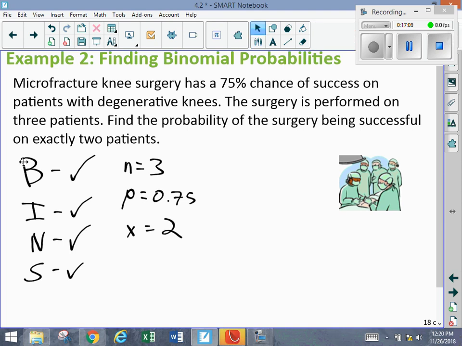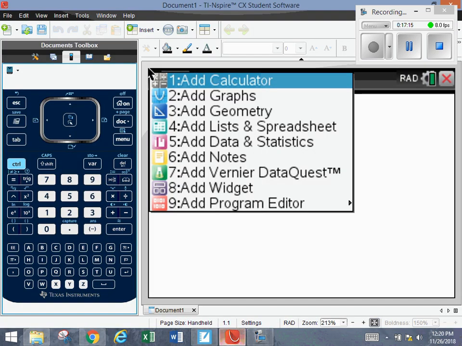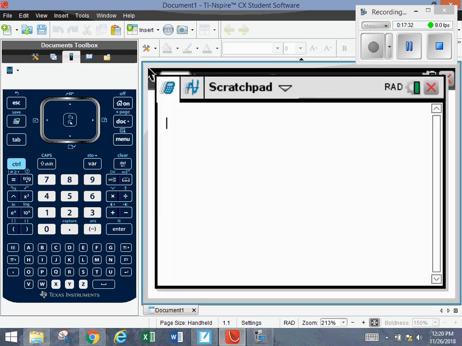So now that we have this information, we have enough to go to our handy-dandy calculator and calculate this probability, all right? So you're going to get out your calculator, and you can do this just using the scratch pad, right?